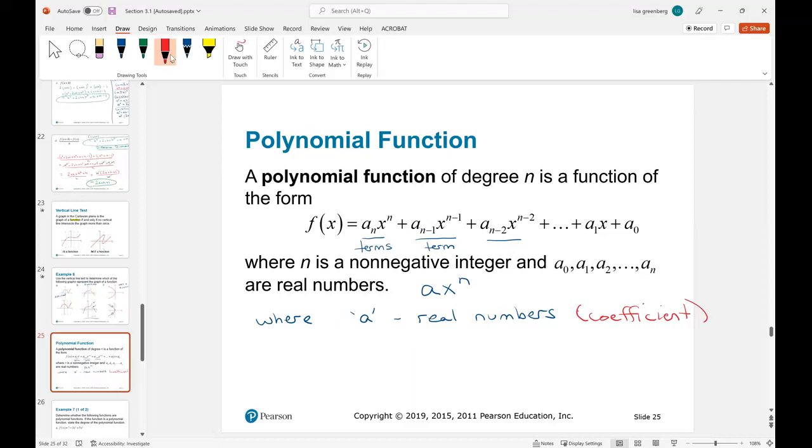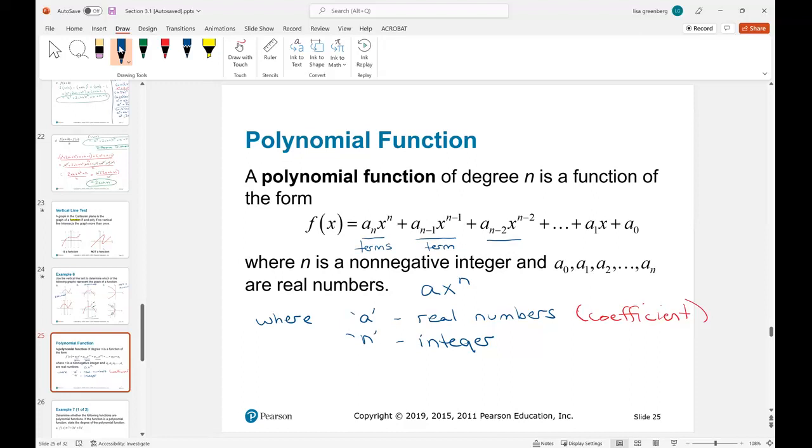Okay? And n is the exponent, and it has to be an integer. And again, we talked about integers. They're any whole number, negative infinity to positive infinity, but not fractional, not decimal.